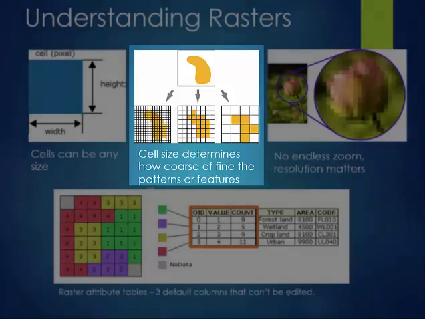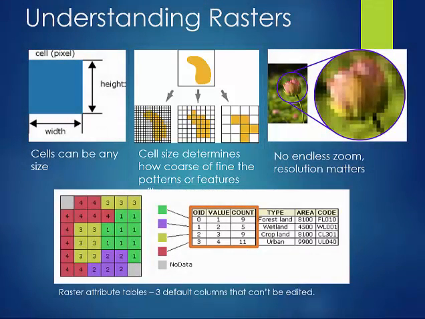at various cell sizes. Raster datasets that contain attribute tables typically have cell values that represent or define a class, group, category, or membership. When a raster attribute table is generated, there are three default fields created in the table: an OID, a value, and a count. It is not possible to edit the content in these fields.